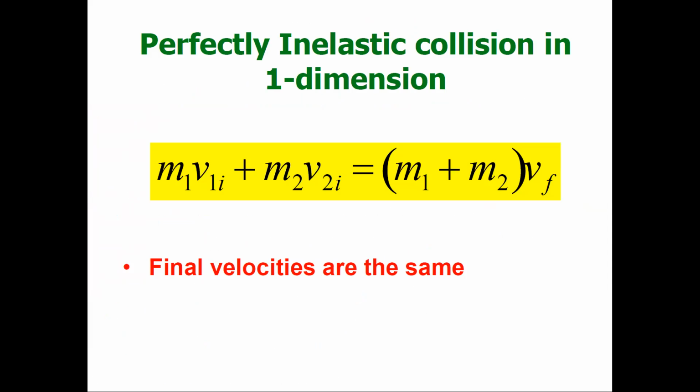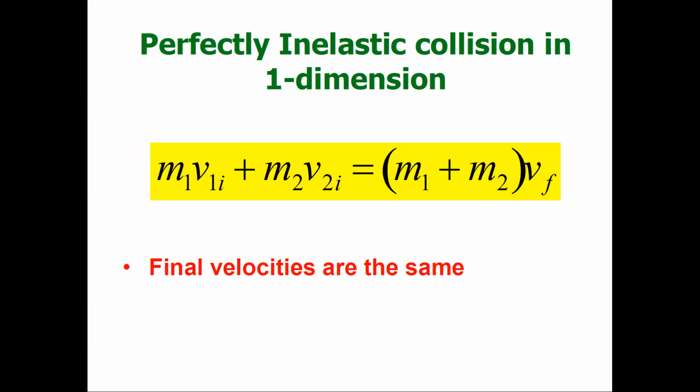So in a perfectly inelastic collision in one dimension, what we know is that m1 v1 plus m2 v2 will be the same as (m1 plus m2) times v final, where v1 is initial, v2 is also initial, and v final. Why have we factorized v final?